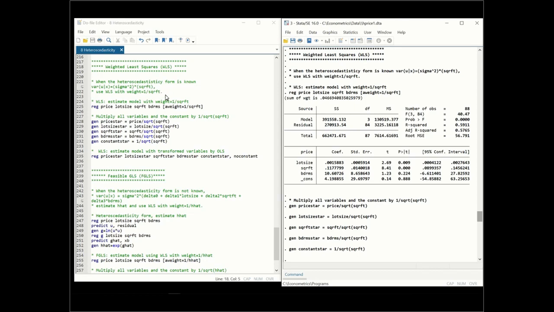So how would we do a weighted least squares? This part is the same, regression of price on the three independent variables, and then we put in brackets a weight. A stands for analytical weight, equals 1 divided by the square footage. And this is basically how we would be doing these weights here.